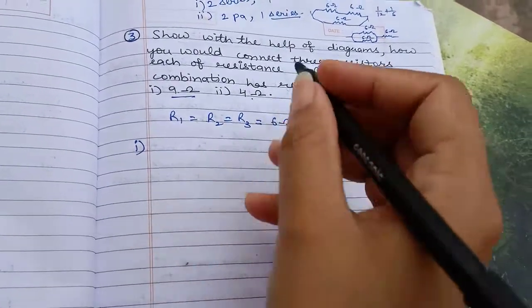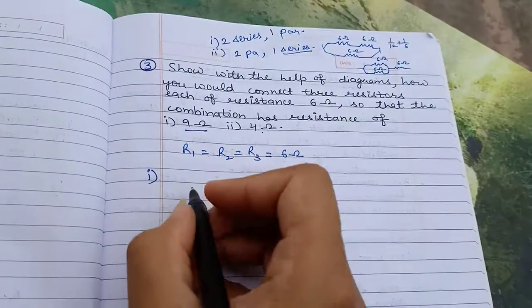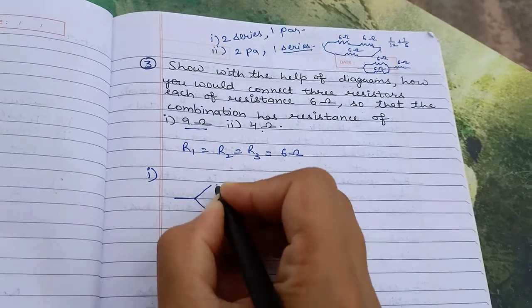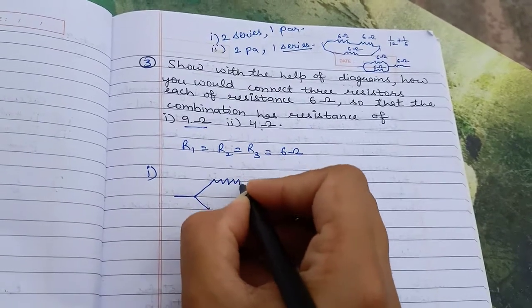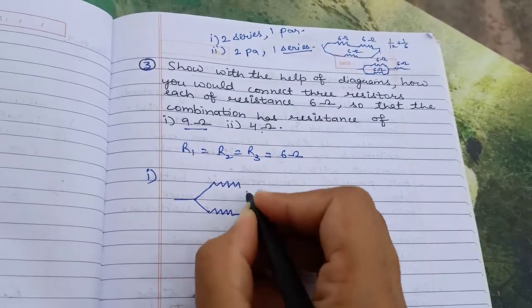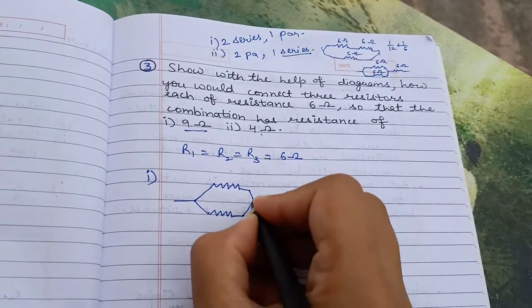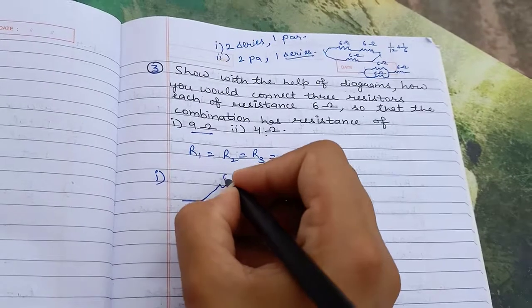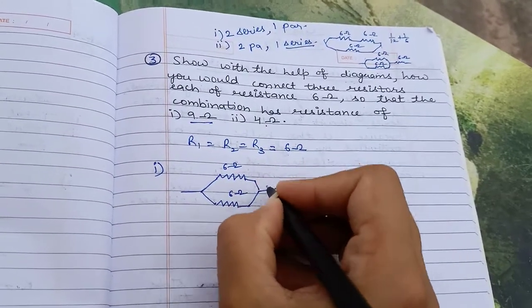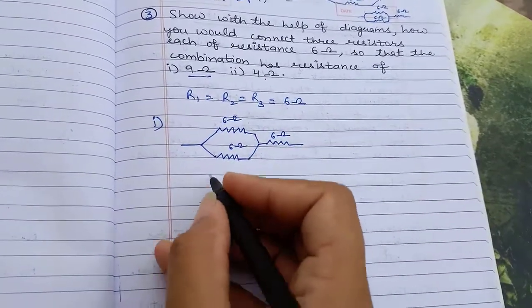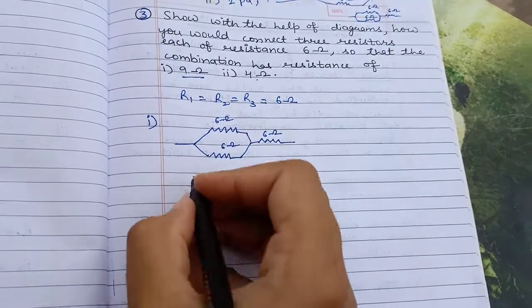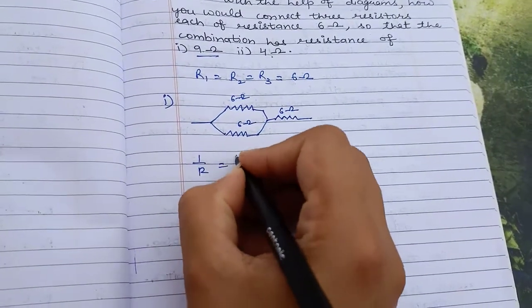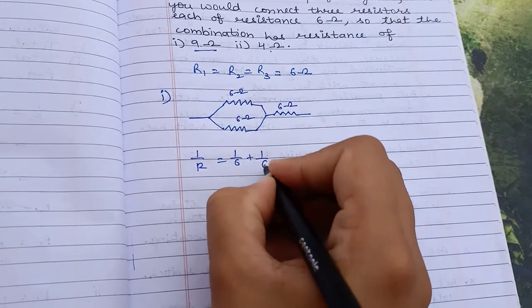So suppose firstly we are doing this. That means the 2 parallel combinations and 1 in their series, 6, 6 and 6. Firstly we need to solve this. So 1 by r is equal to 1 by 6 plus 1 by 6.